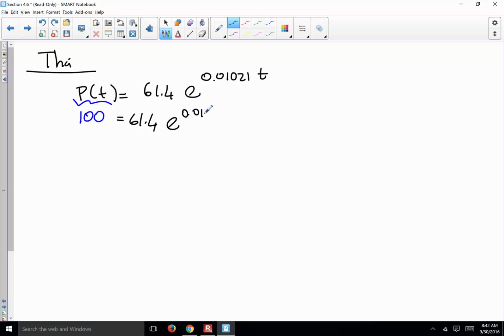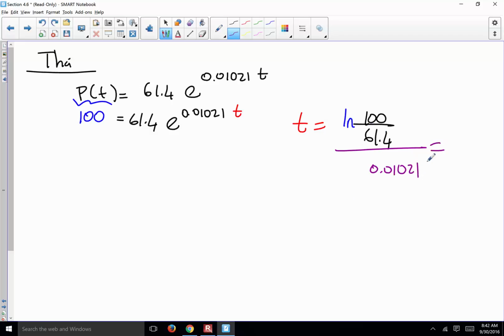Rate is the same. But we don't know the t. So how do I find the t? Shortcut. We divide 100 by 61.4, take ln and divide the whole thing by 0.01021. This is the work I'm going to do.